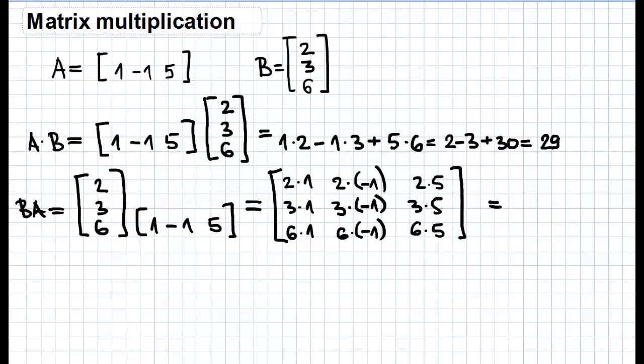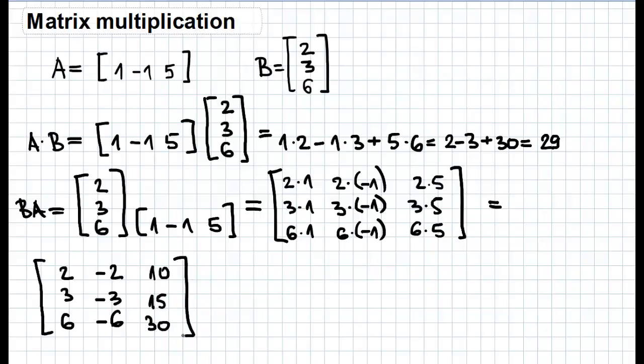Now this equals 2, 3, 6, minus 2, minus 3, minus 6, and 10, 15, and 30. And again, you can see that A times B isn't equal to B times A.